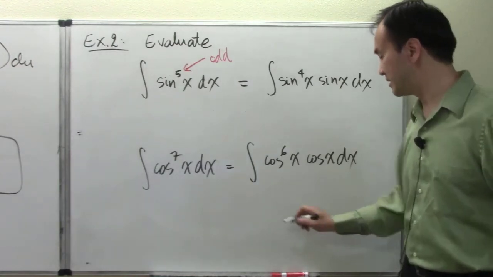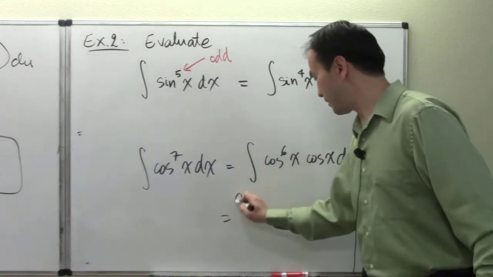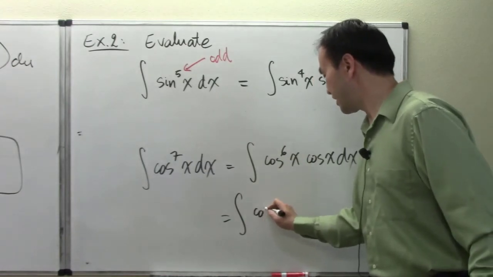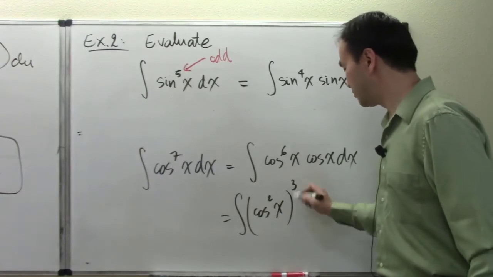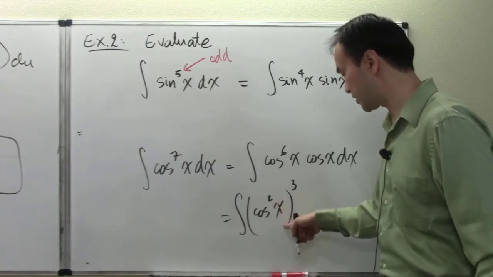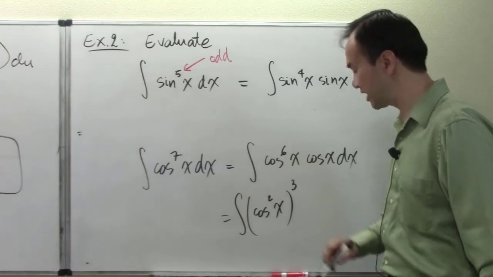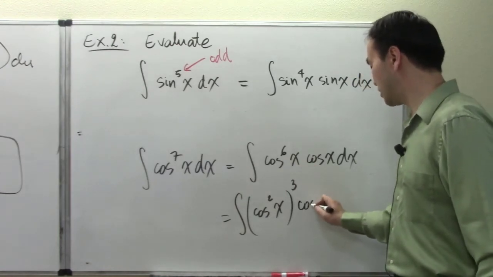So again, I'm purposely seeing this cosine to the 6th as cosine squared of x raised to the cube power, and then multiplied with the cosine of x.